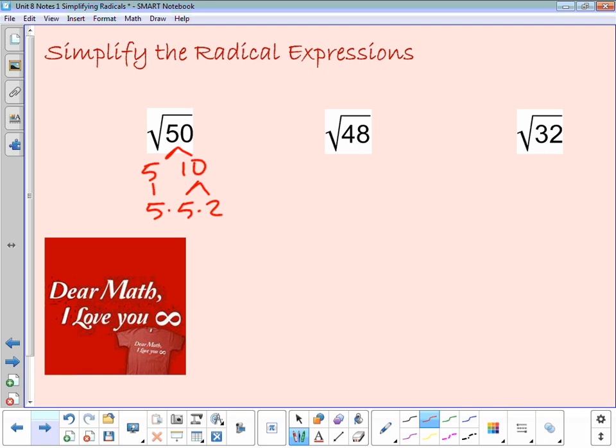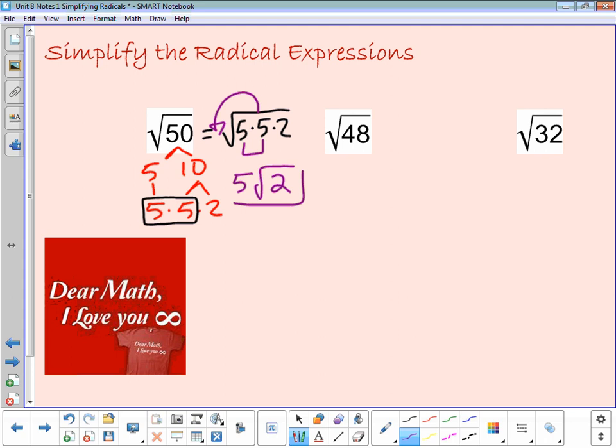Now check it out. 5 and 5, I have a pair under the radical. Anytime you have a pair under the radical, I can remove them and bring one outside. So a pair underneath makes one outside. So I can bring the 5 out front and make it the square root of 2.